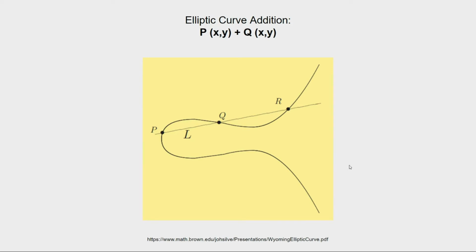So here's that visual representation of that. Line L intersects the curve at points P, Q, and R.